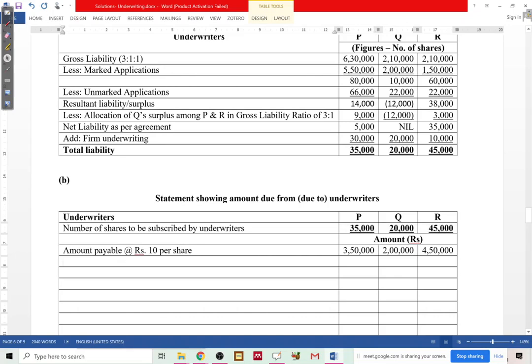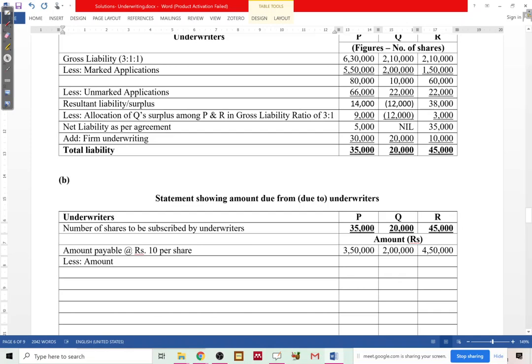So this is the amount which is payable by the underwriters to the company for taking their shares. Now the underwriters have already agreed to take something called firm underwriting shares, right? There was a compulsory agreement, that is the firm underwriting, under which the underwriters definitely had to take a certain amount of shares.